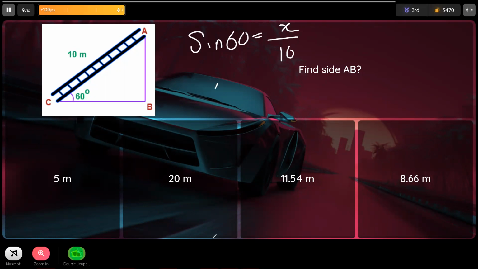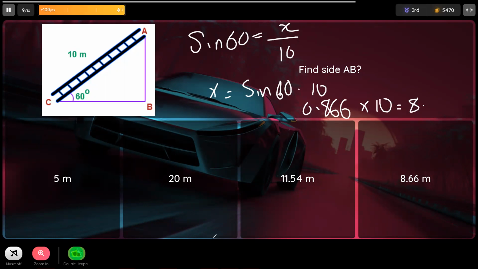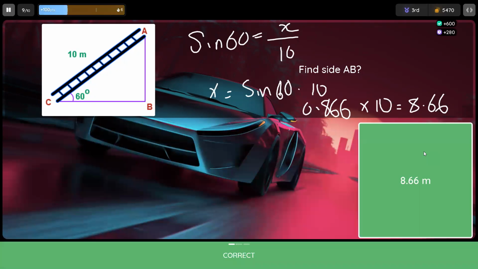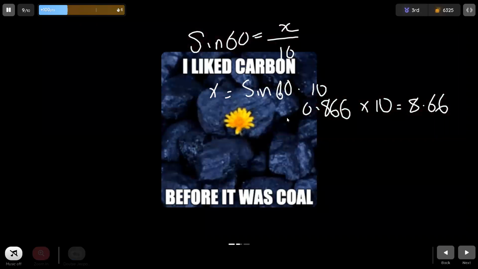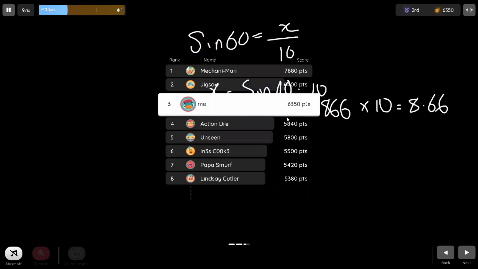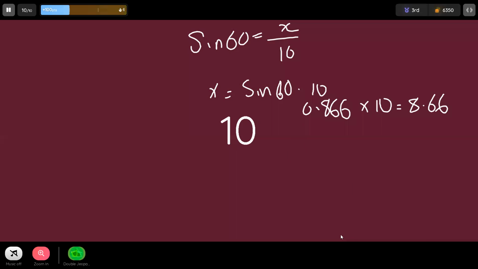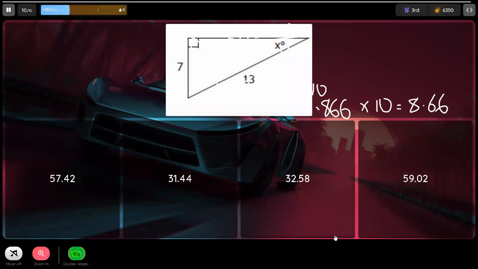So x will be sine of 60 times 10. Sine of 60 is 0.866, times 10 will be 8.66 meters. No, the hypotenuse is 10. AB will be the opposite.